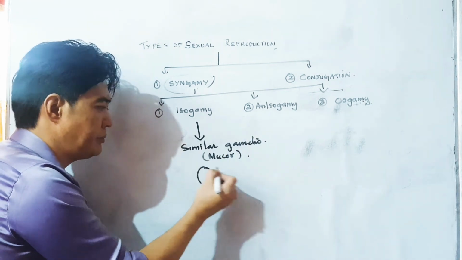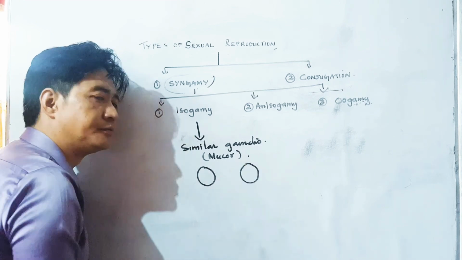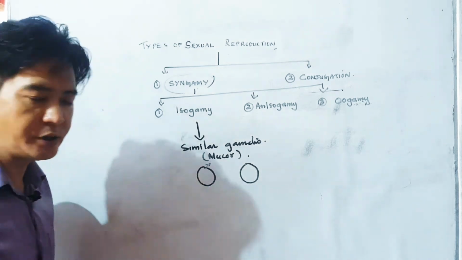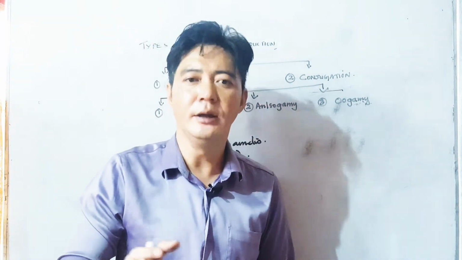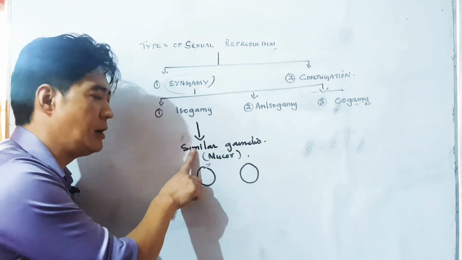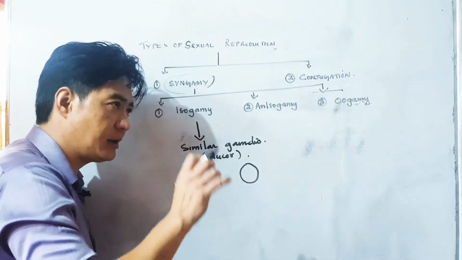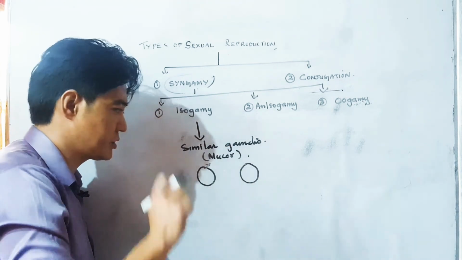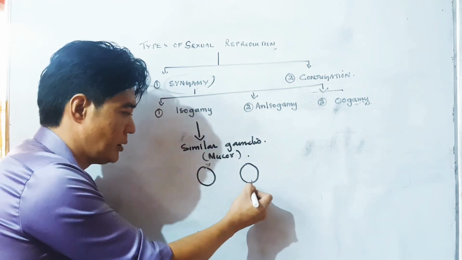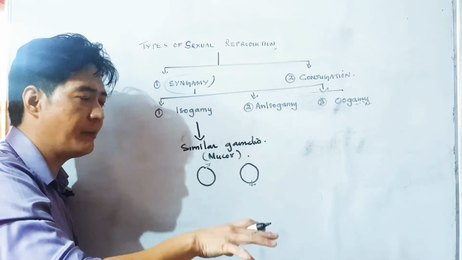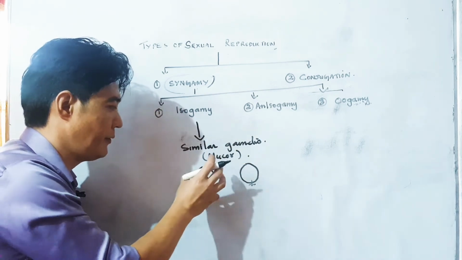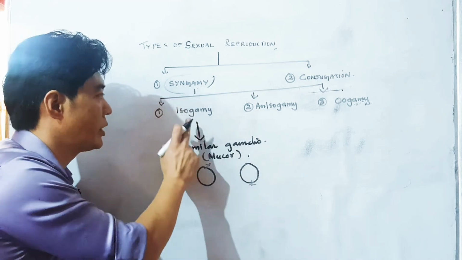Similar gametes means same size. Both male and female are similar in structure. Morphologically they are same. If the fusion occurs between similar gametes, that is, similar morphological structure, I mean to say, this is male and female, means the male gametes and the female gametes are similar in nature, such type of fusion of gametes is known as isogamy.